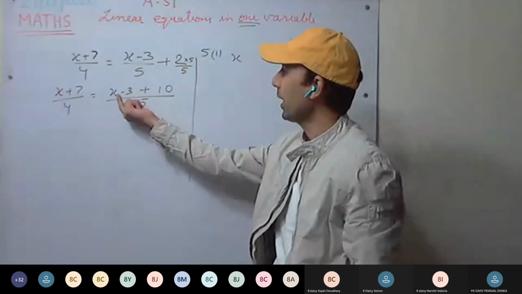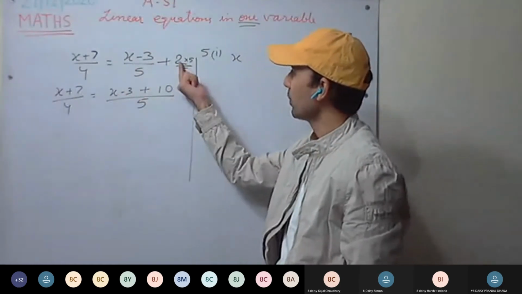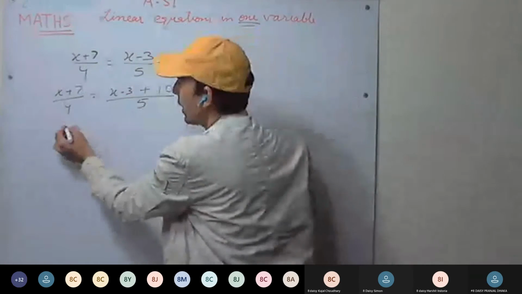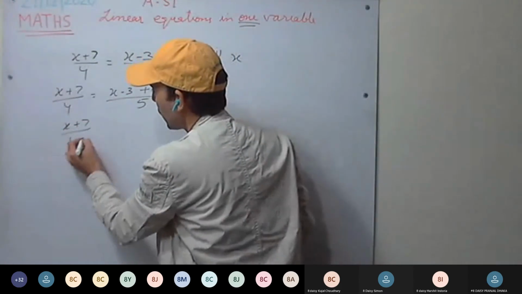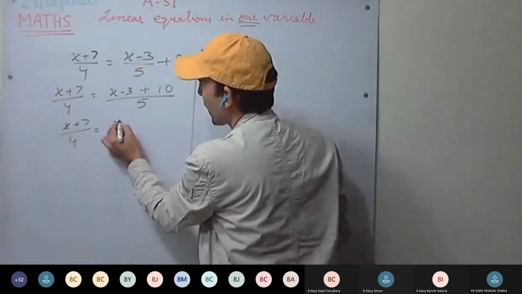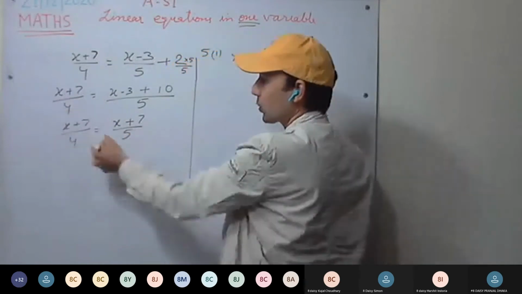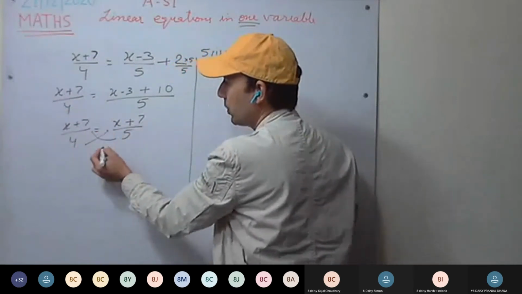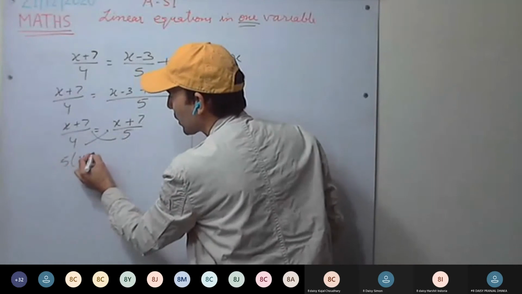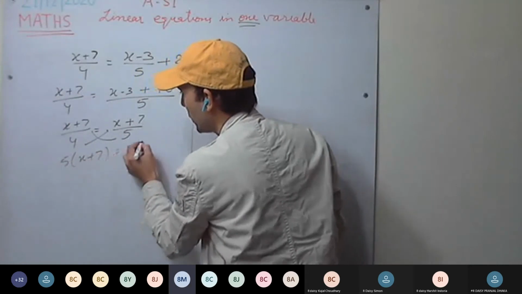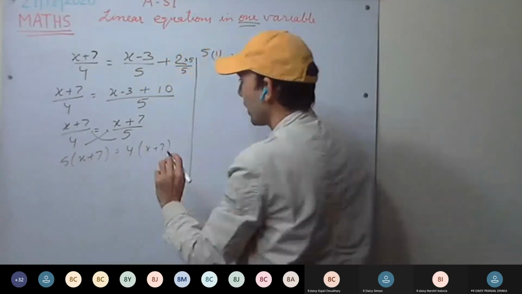So 5 I'm writing here, x minus 3 plus 10. X plus 7 divided by 4 equal to x plus 7 upon 5. Now cross multiply. Now can you do 5 into x plus 7 equal to 4 into? Okay, now you solve.